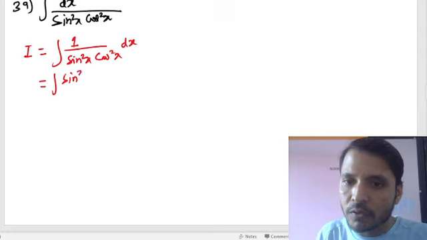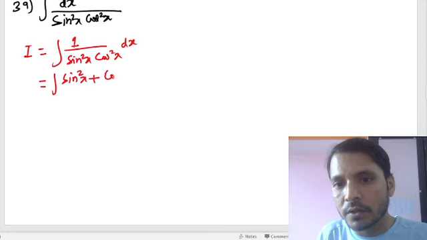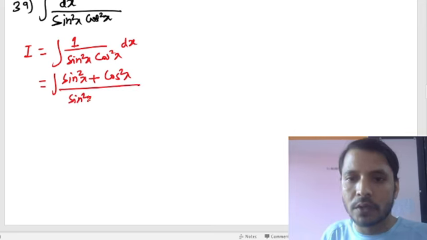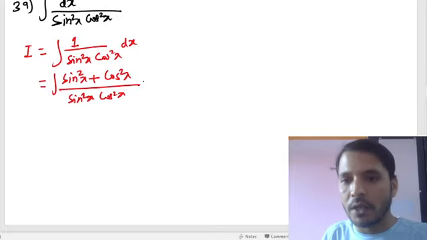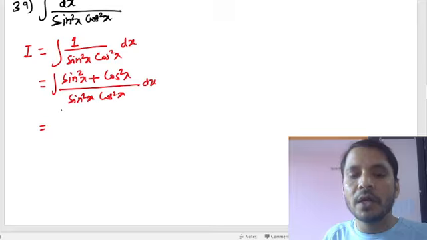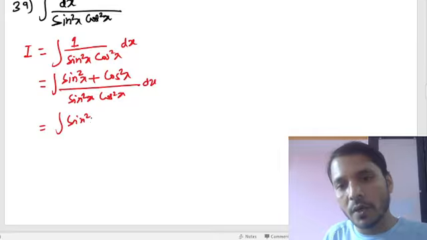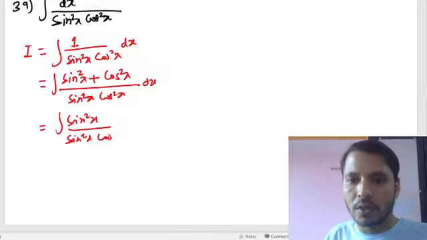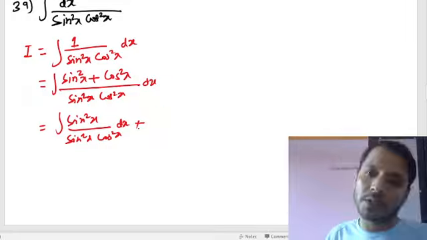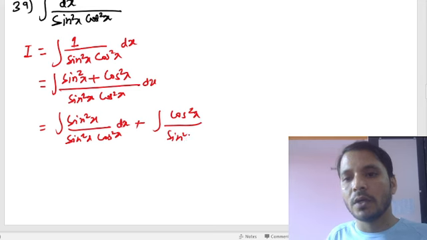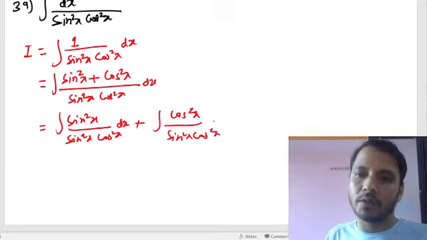It becomes sine square x plus cos square x divided by sine square x cos square x dx. Now we separately take the integration of both terms: sine square x divided by sine square x cos square x dx, plus cos square x divided by sine square x cos square x dx.